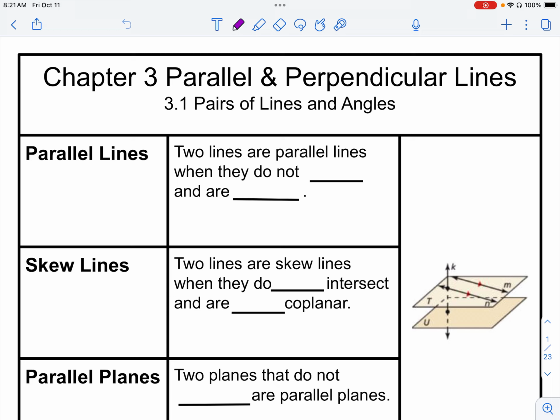First type are parallel lines, and parallel lines are lines that do not intersect but are coplanar.